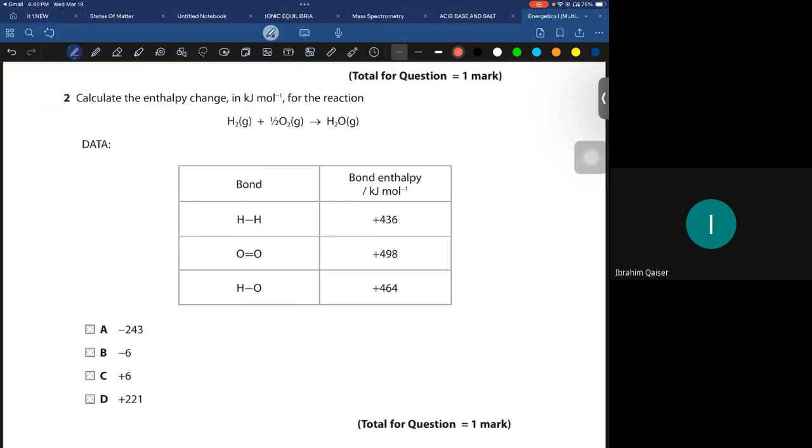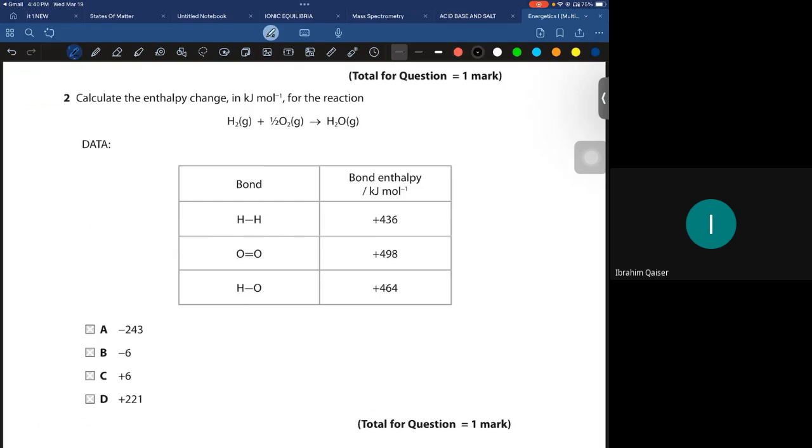Of course you have to convert this equation into the displayed formula, otherwise you will not know which value I am supposed to put where. I am also doing it along with you.